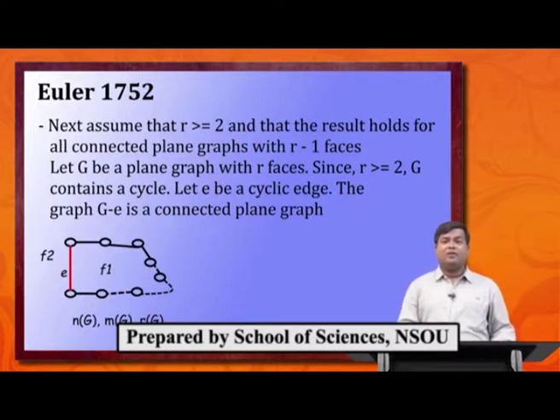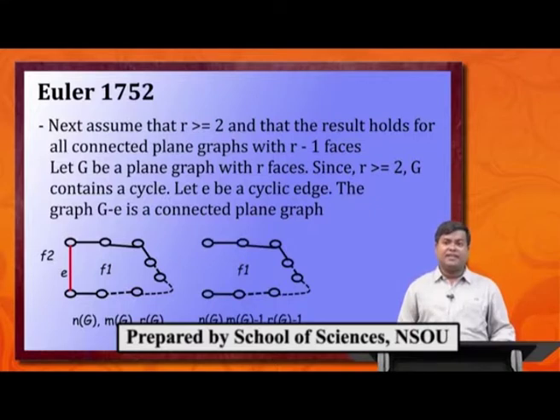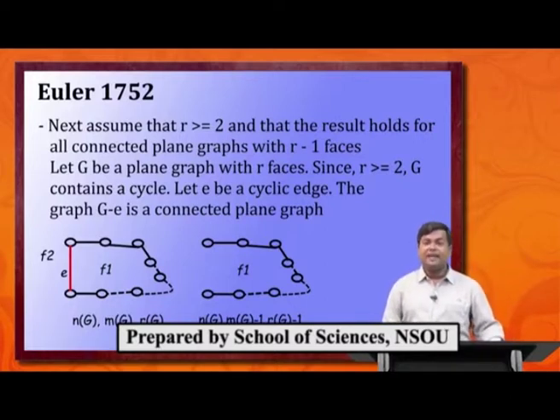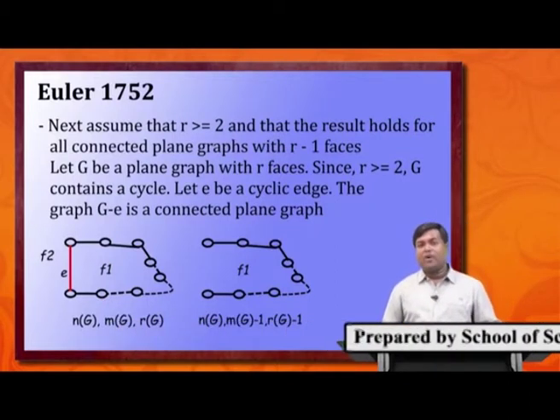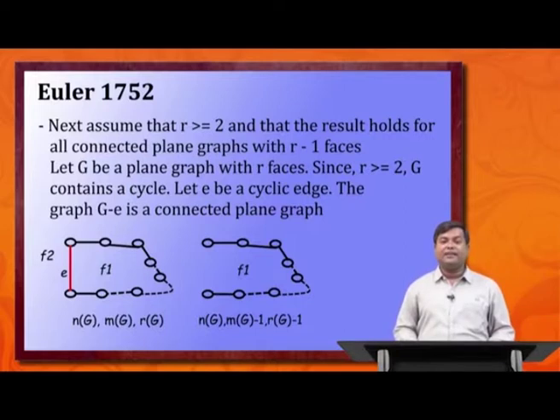Now we will create another graph G minus E by deleting that particular cyclic edge from this graph G. So we have erased the edge E and found the new graph G minus E. Now we should check the values of those three quantities n, m and r. What is the value of n in this new graph?